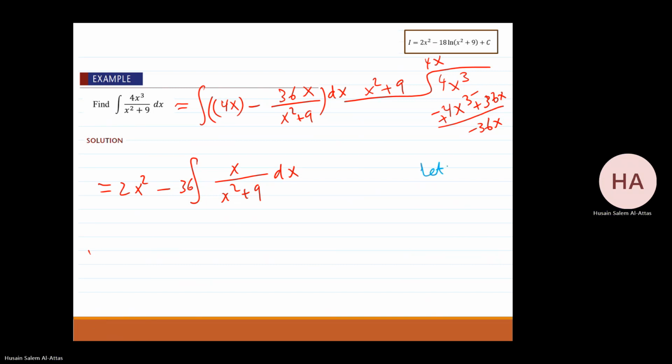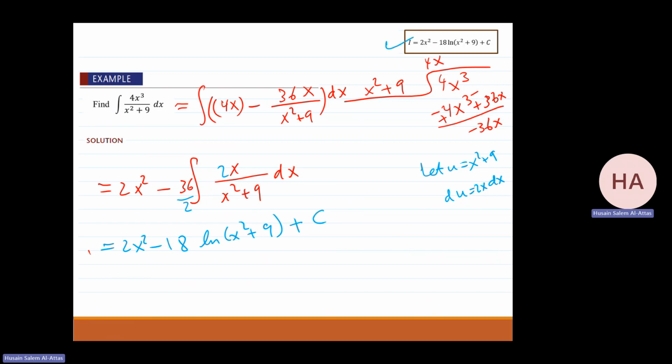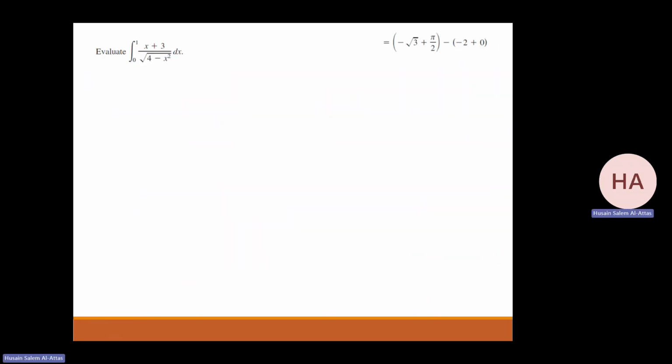Let u equal x squared plus 9, du will be what? 2x dx. So I need 2 and over 2. So that will give me 2x squared minus 18 ln(x squared plus 9) plus c, where du over u is ln of x squared plus 9. As I said, these are easy ones, but you need now to deal with it.